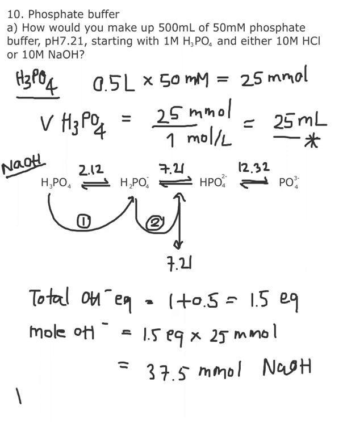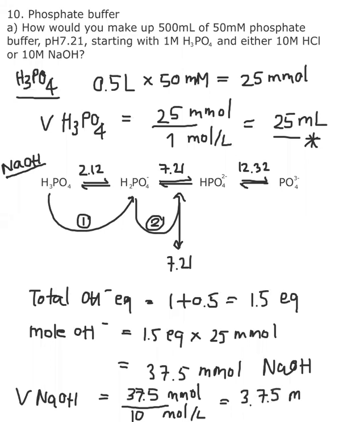To calculate the volume of sodium hydroxide that you need, again use the moles and divide by the concentration of the NaOH, 10 molar. So you get 3.75 milliliters.